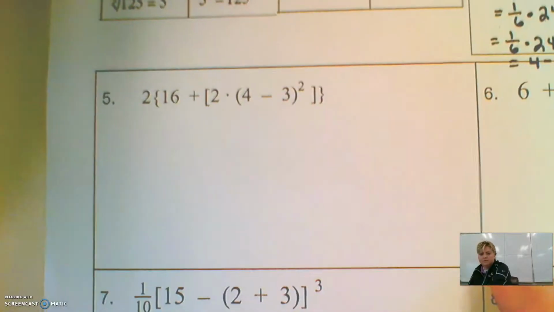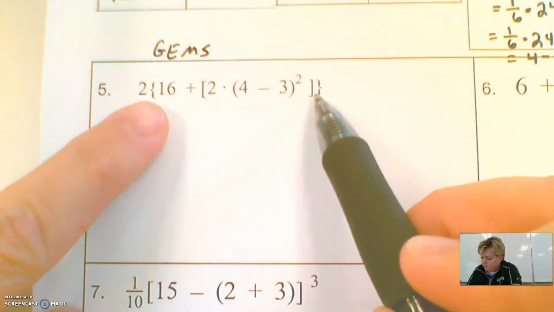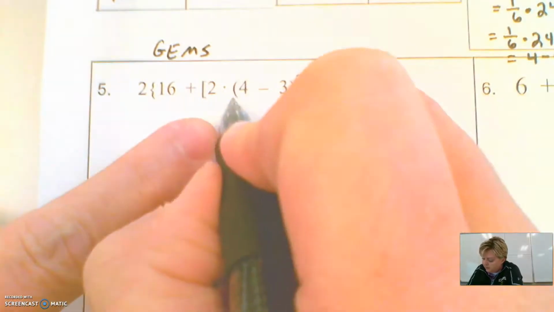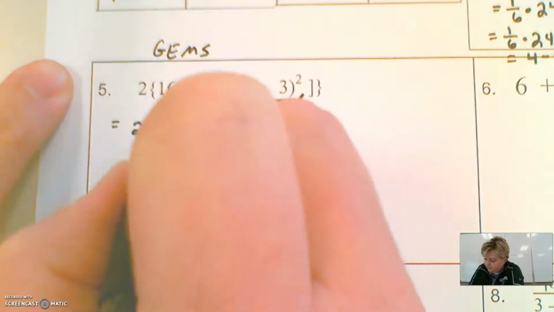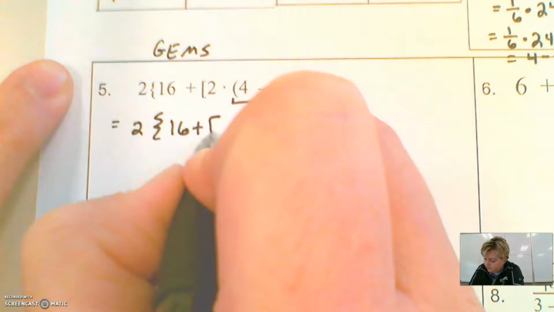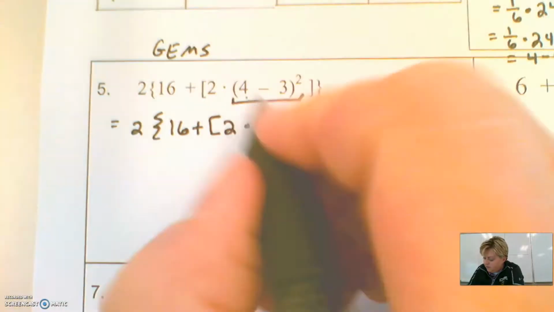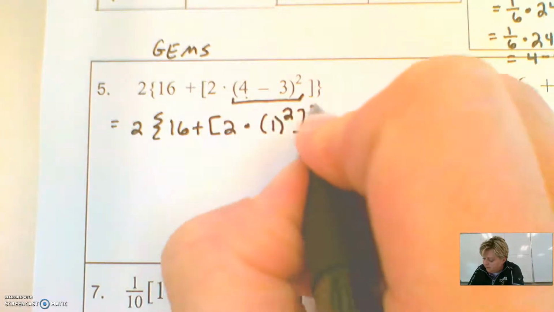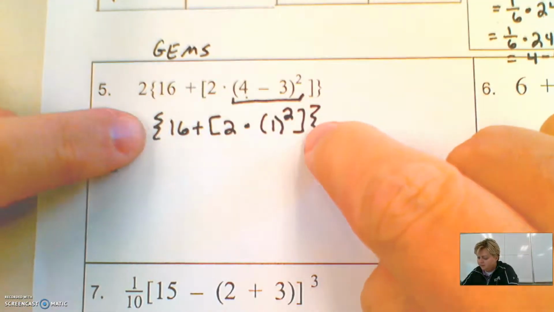Question 5. GEMS. Grouping. More than one grouping symbol, so work your way to the inside. Bringing everything else that I'm not using right now down. 4 minus 3 is 1. That difference is squared. Work your way to the inside.